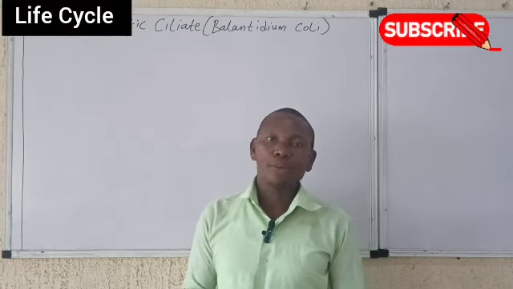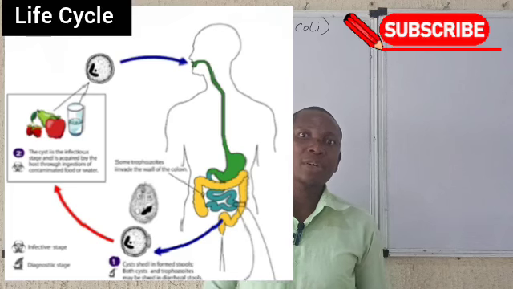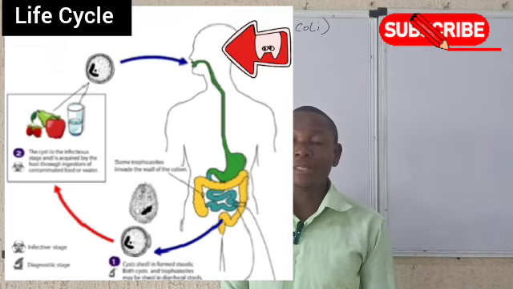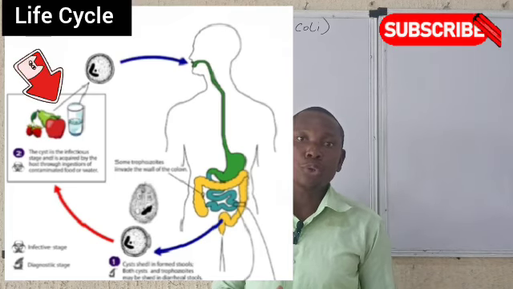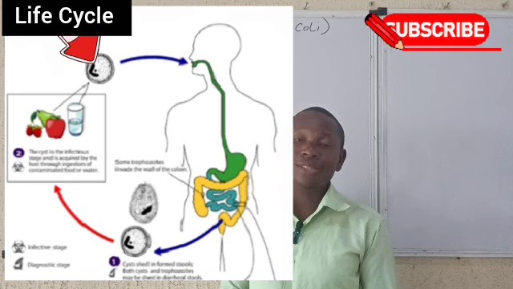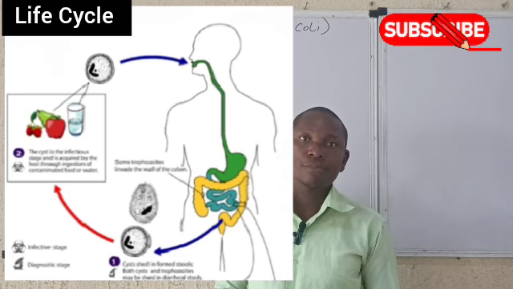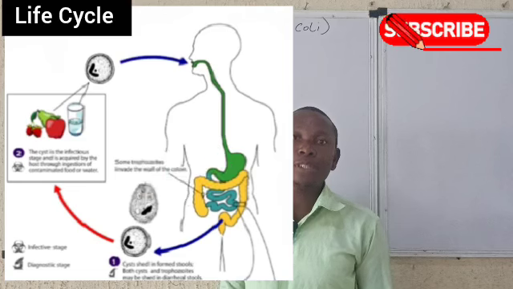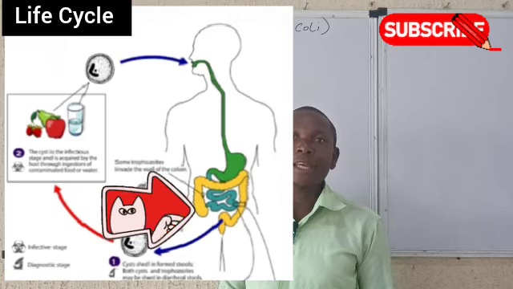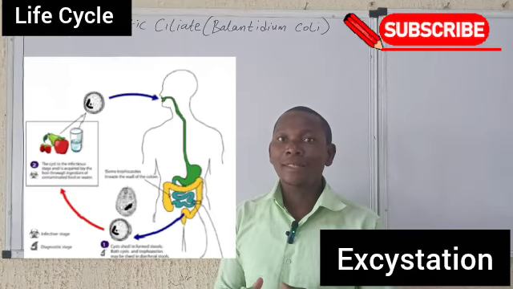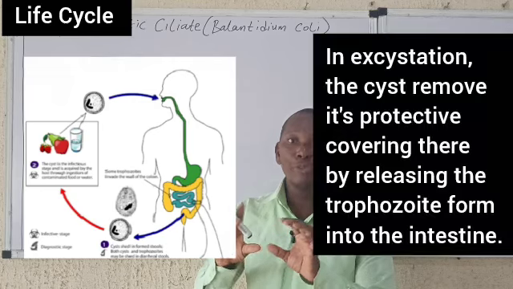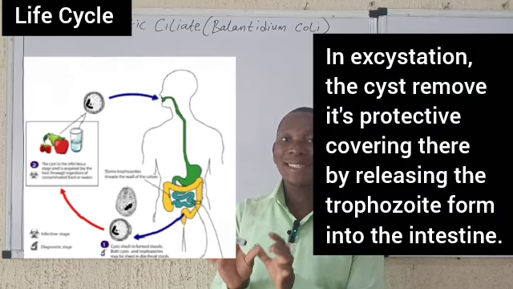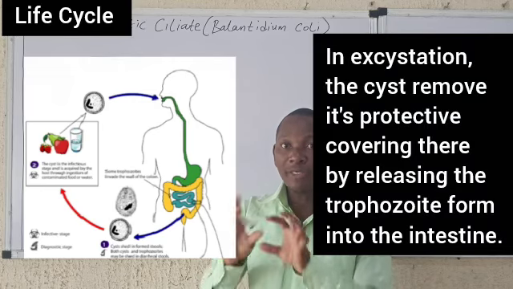Let's talk about the life cycle of Balantidium coli. The life cycle begins with humans or mammals taking in food or water contaminated with the cyst of Balantidium coli. Once it's taken in, it passes through the stomach into the intestine, where it undergoes a process called excystation. That means removing the cyst, the protective covering.